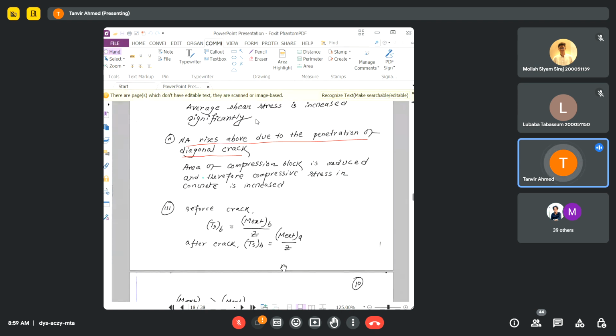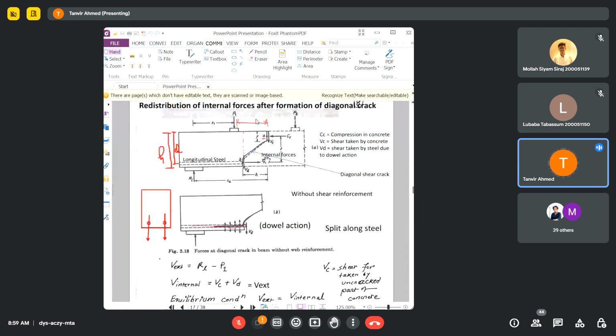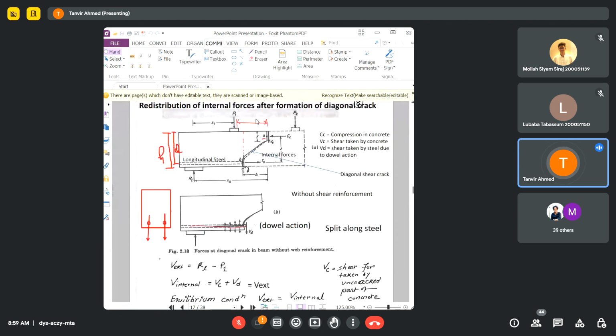Okay, another thing is the stress in steel, which is TS. The tensile stress in steel will also increase. How? If the crack moves upwards, then the tensile stress in steel will become higher.